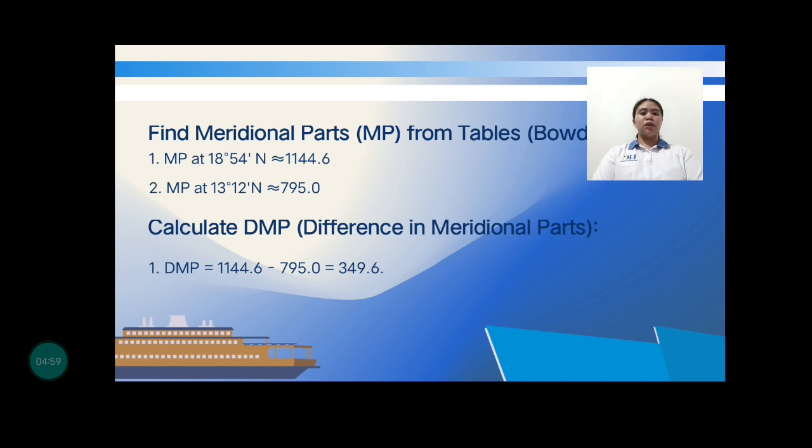So we need to calculate the DMP, which is the difference in meridional parts. So DMP equals 1144.6 minus 795.0. We have 349.6.